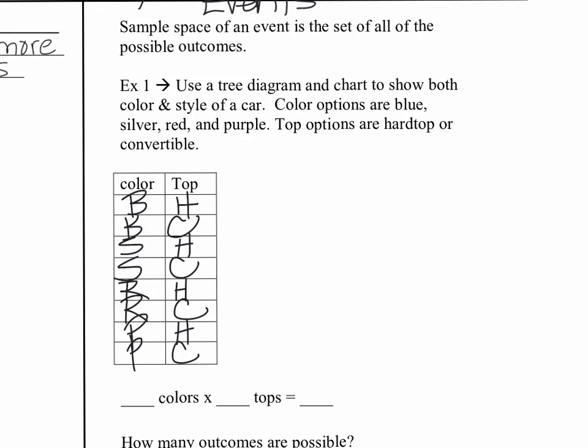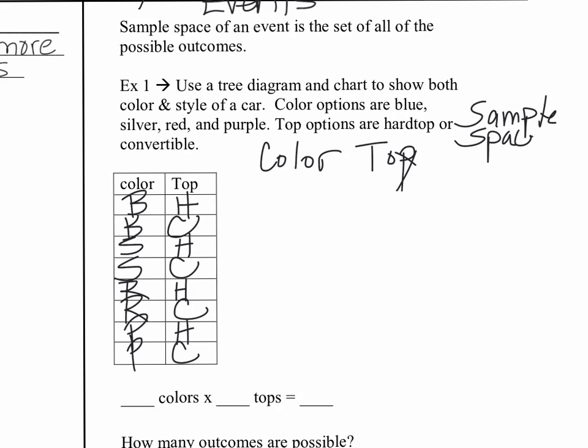To make a tree diagram, you put color and top as the two things that you are using, and then your sample space. Colors are blue, silver, red, and purple.